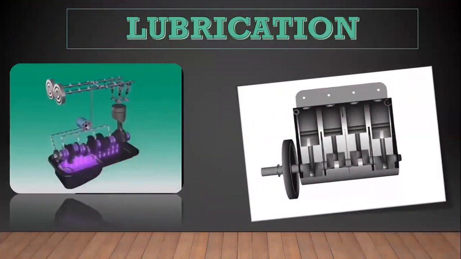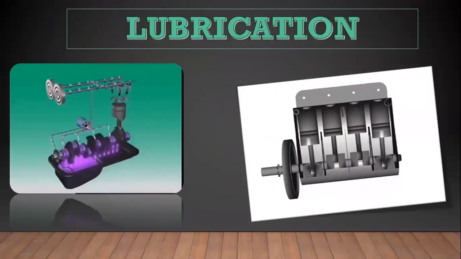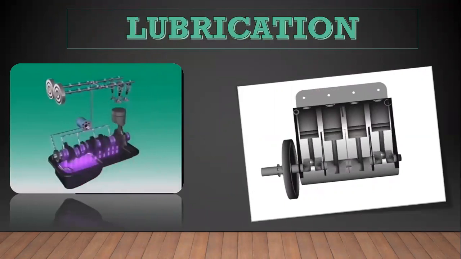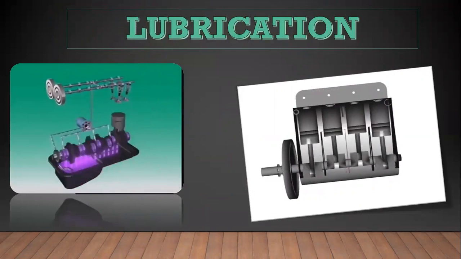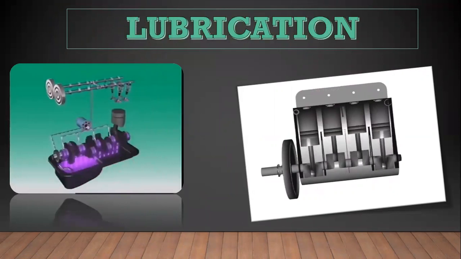Yes, you see the examples of lubrication. We give oil or oiling, or we give grease to the vehicles or the parts of the machine. Then it will move easily.